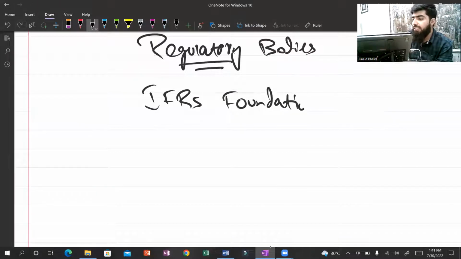Now, what is IFRS Foundation? IFRS Foundation is the apex of all. It's the head of everything.